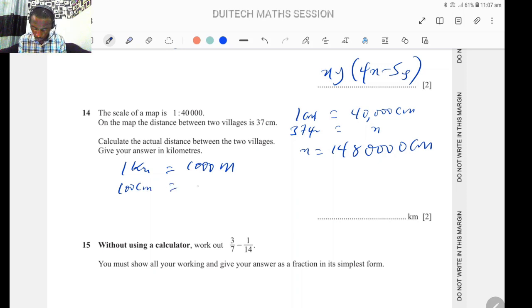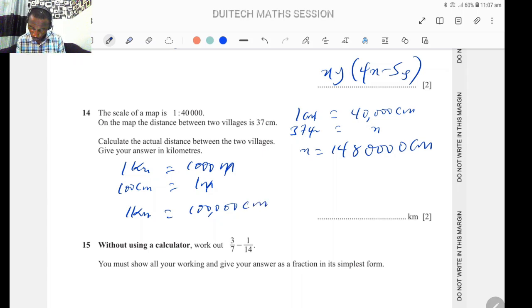Is equal to 1 meter. So let's cancel this. So 1 kilometer is equal to 100 times 1,000, which gives us 100,000 centimeter. So 1 kilometer is equal to 100,000 centimeter.